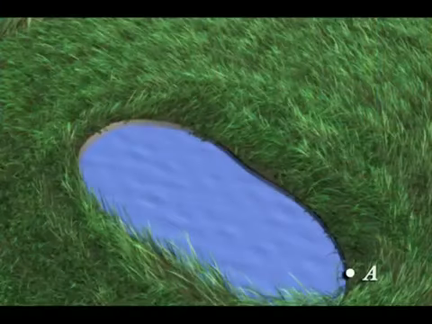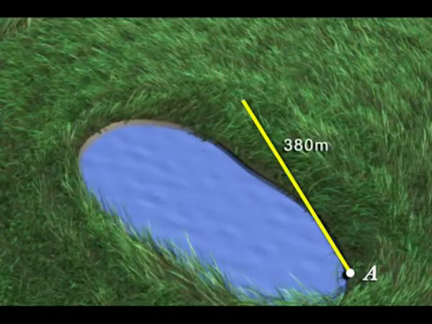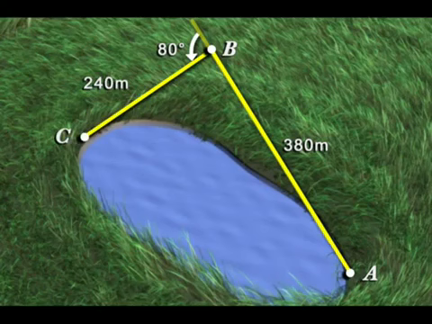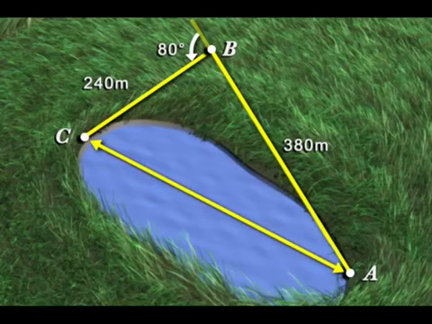So let me say it a different way. Here's this marsh, and you want to find how far it is from A to C across the marsh. And of course, I don't want to swim it. So what do I do? I start at A, I walk 380 meters, make a turn of 80 degrees, walk another 240 meters, and then I end up at point C. Will I be able to find the length of the marsh?